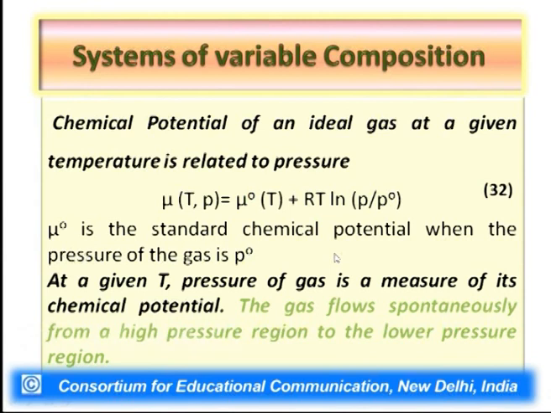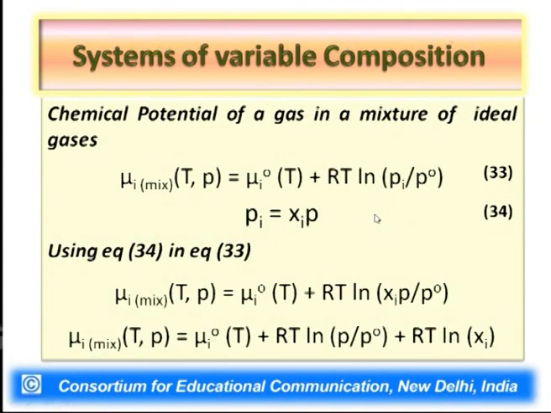If you consider the gas in a mixture, it will be an ith gas, because there are a number of gases, i equal to 1, i equal to 2, and its pressure is its partial pressure rather than the total pressure, which you are required to substitute. With this, the expression for the chemical potential of an ideal gas in a mixture of ideal gases is mu i mix, that is, the chemical potential of the ith gas in a mixture of ideal gases under conditions of temperature.